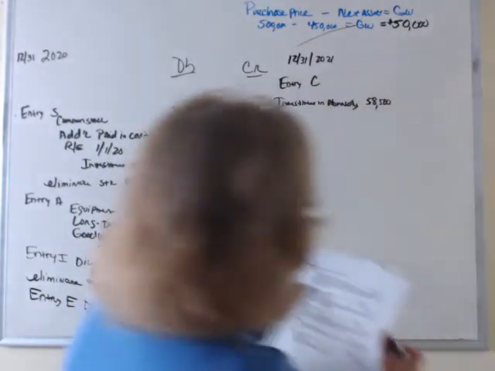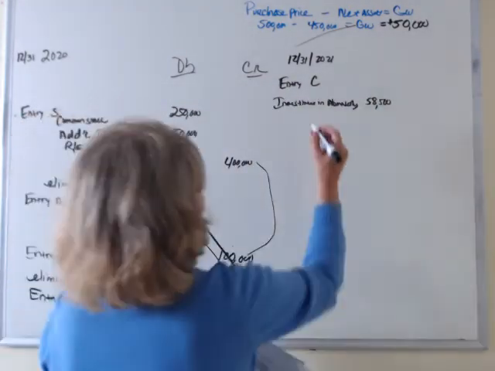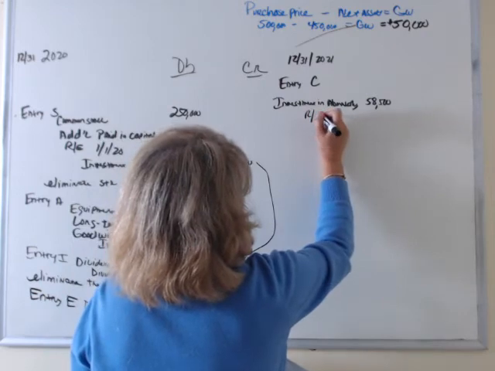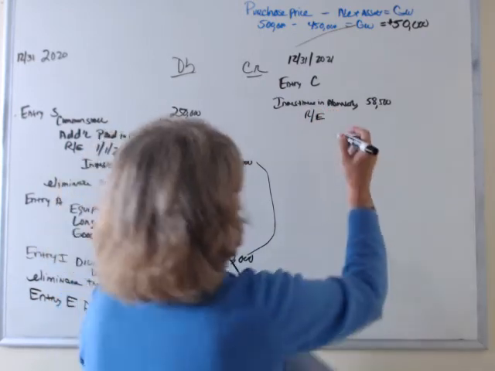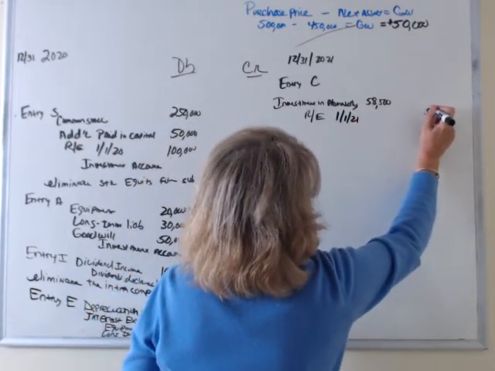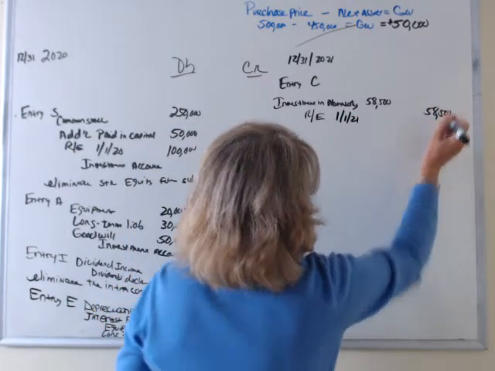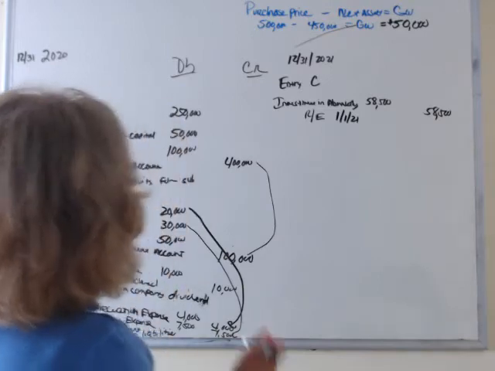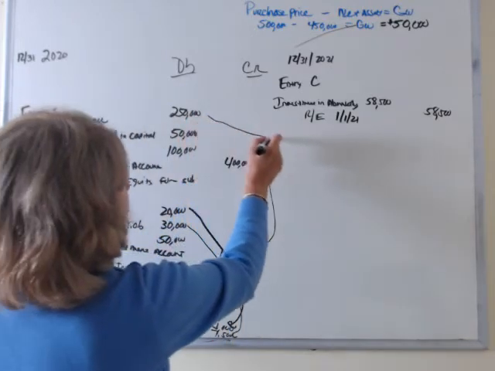I'll put the debit and credit in after. And then credit retained earnings. Put the date 1/1/21, 58,500.